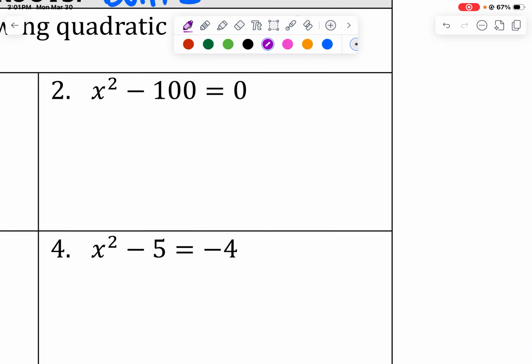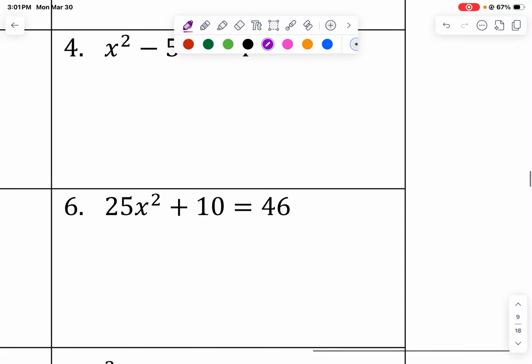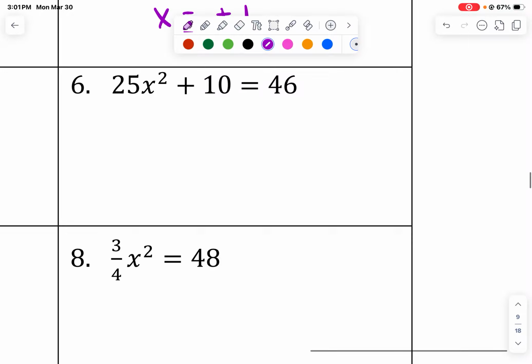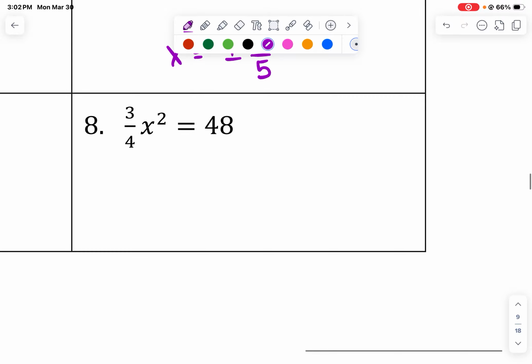Take the square root of both sides. Now, we can simplify that. So 63 is divisible by 9, which is a perfect square. So we're going to get x is equal to, this right here, we can do the square root of 9 times the square root of 7, which gives us 3 root 7. And don't forget your positive and negative.